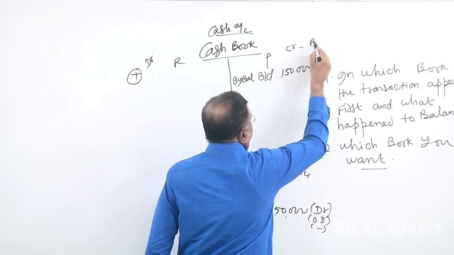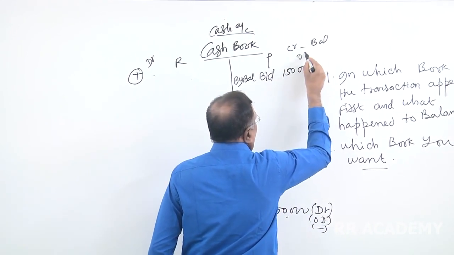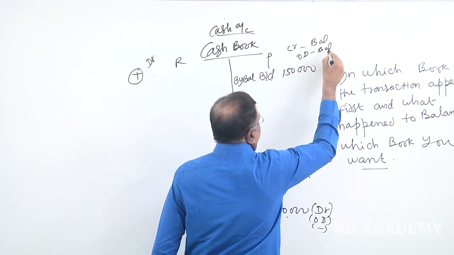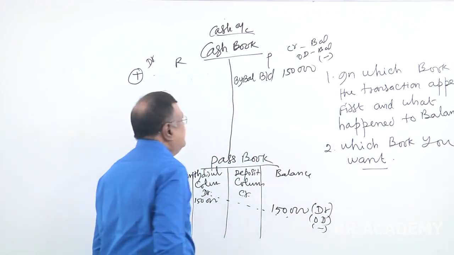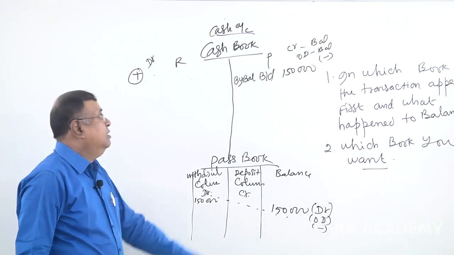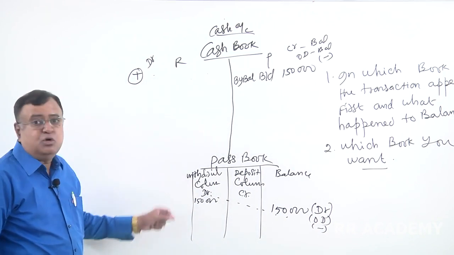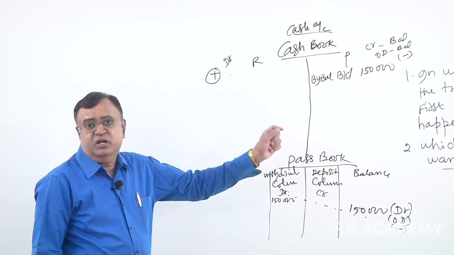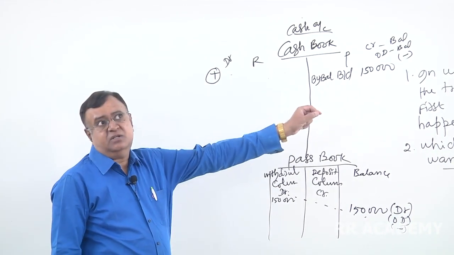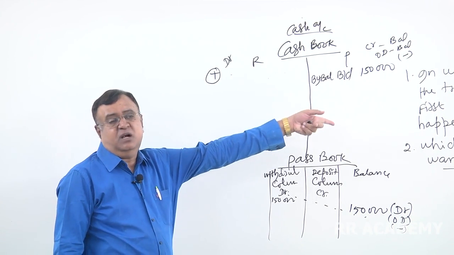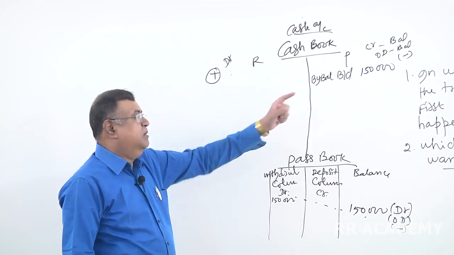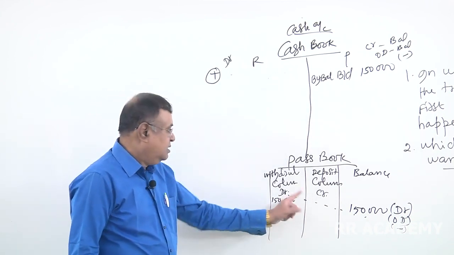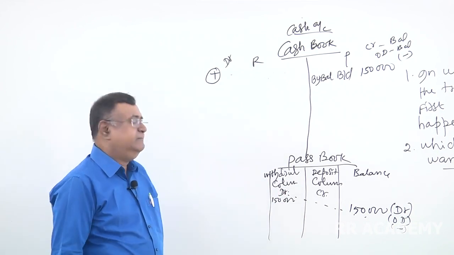Here, credit balance, OD balance, minus sign. Right. So, passbook shows debit balance, means cash book will show credit balance, opposite. That's what we say minus, opposite. So, this is what we must understand.